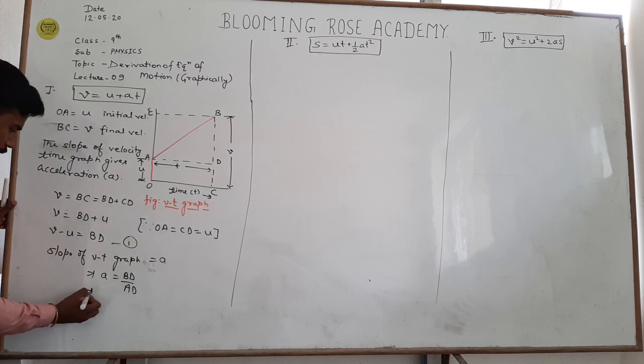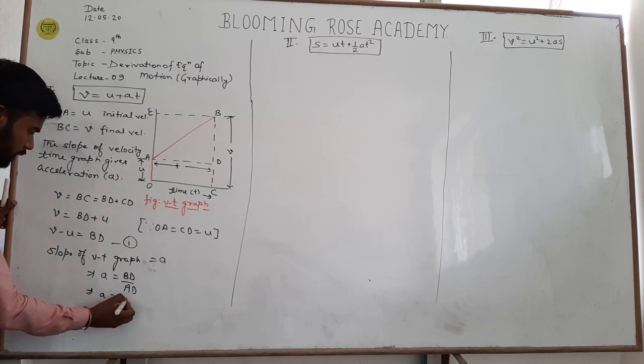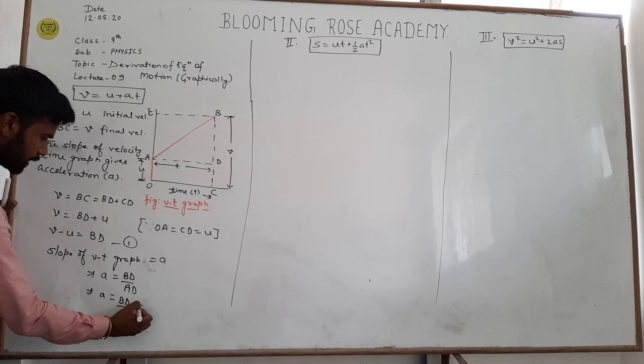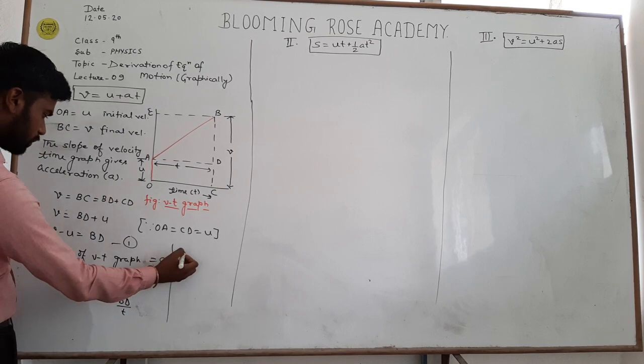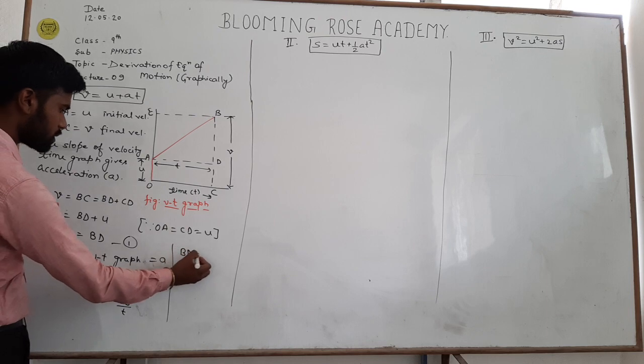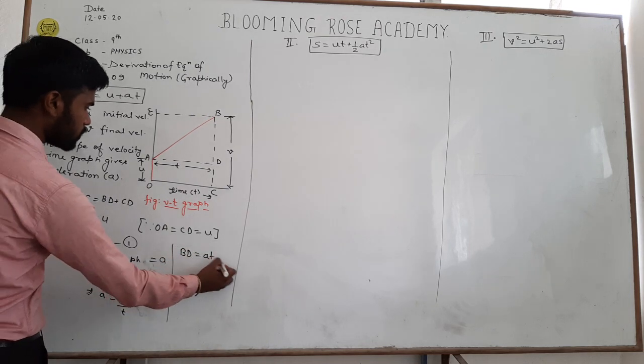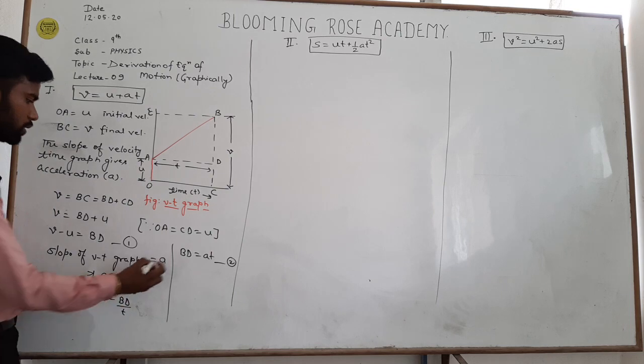So a is equal to BD upon t, which implies that BD equals at, which will be our second equation.